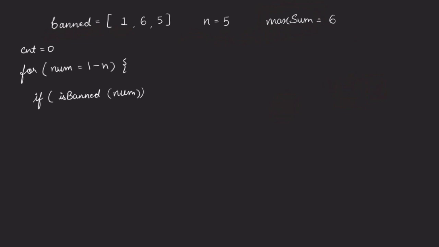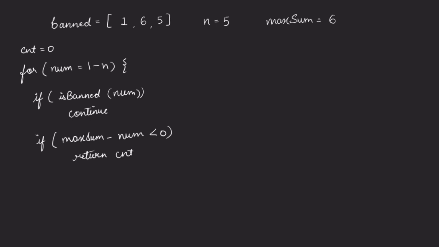So if this number is band, then we will simply continue, right? We cannot do anything with this number. Otherwise, we will check whether this number is exhausting our max sum or not, right? So if max sum minus num is coming as negative, then that means further elements cannot be taken into consideration and you return the count from here itself.